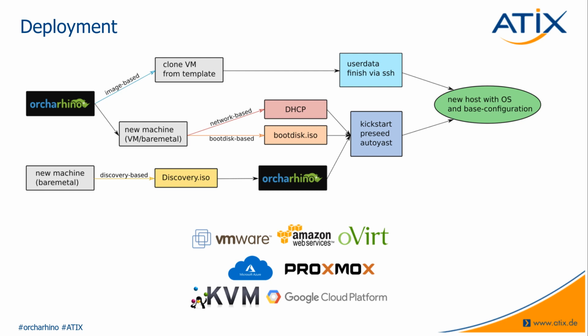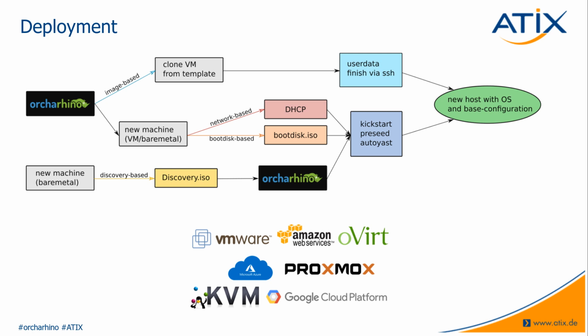about using the unattended installation routines that most of the Linux distributions bring, or also Windows. For Linux, this would be Kickstart, Preseed, or AutoYaST. They can be leveraged to really have an unattended installation of any Linux server environment.